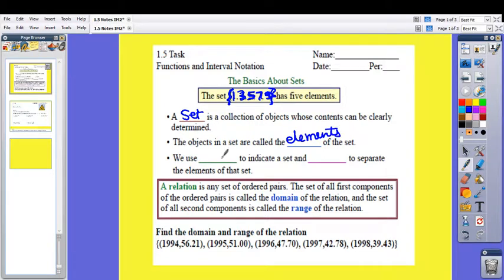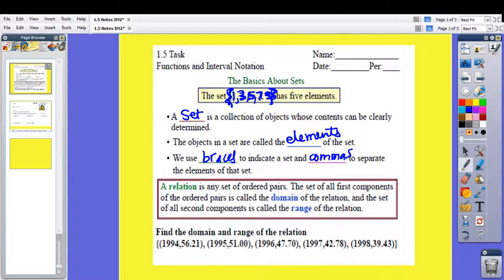Okay. Now we use braces, the curly braces, to indicate a set, and we separate the elements with commas. Okay, so we have commas there.